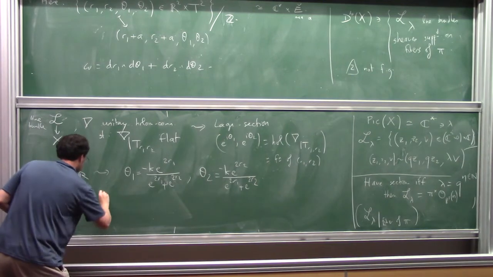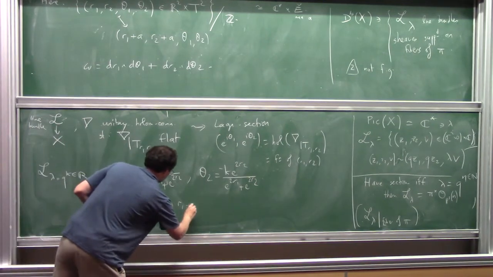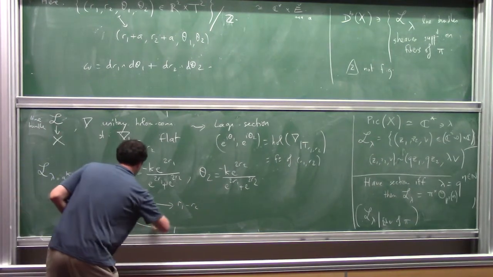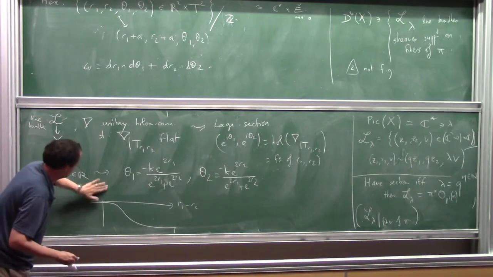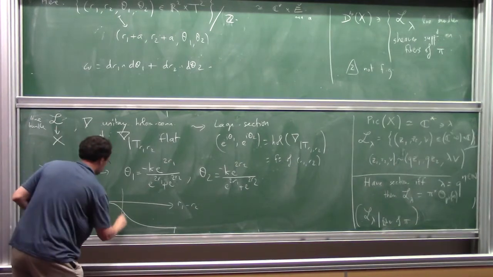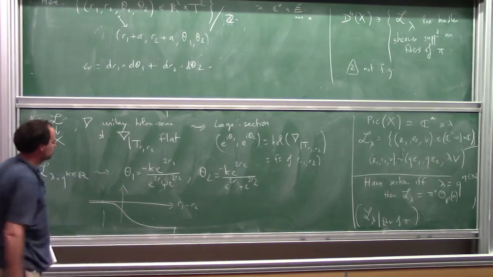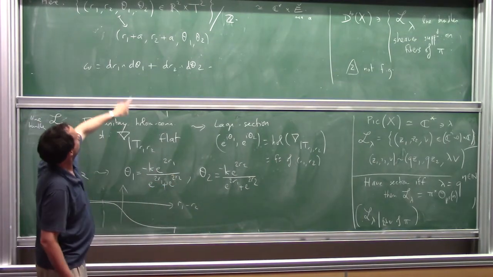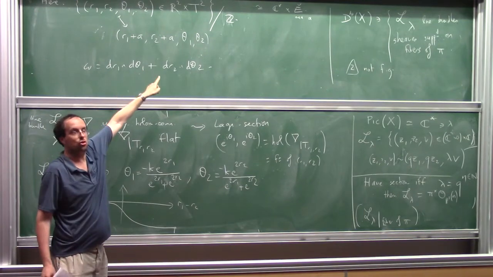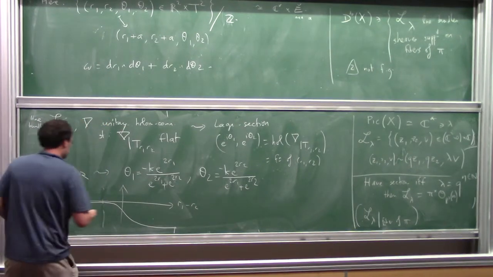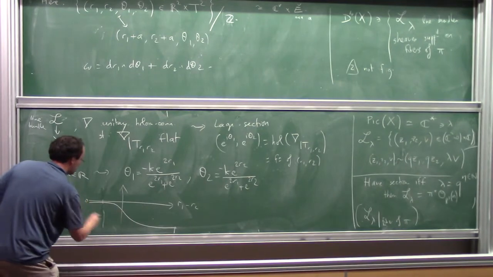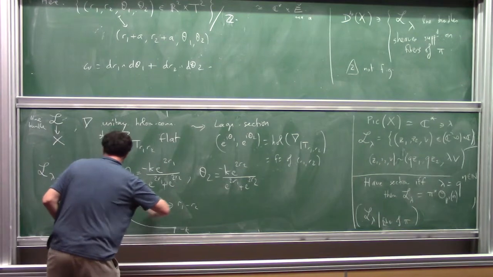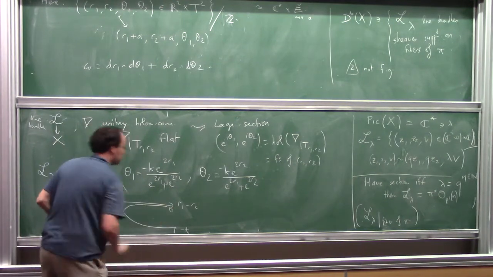Okay, so what happens is we have a coordinate in there which is R1 minus R2. These are only functions of R1 minus R2, as they should, because after all, R1 and R2 separately are not coordinates. Anyway, so theta 1 runs from 0 to minus k, and meanwhile, theta 2 runs from minus k to 0.